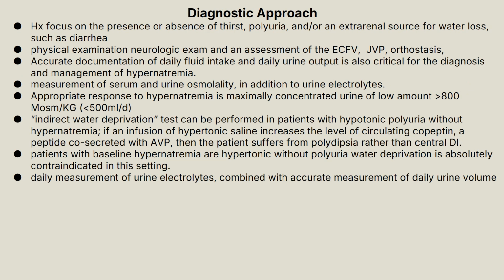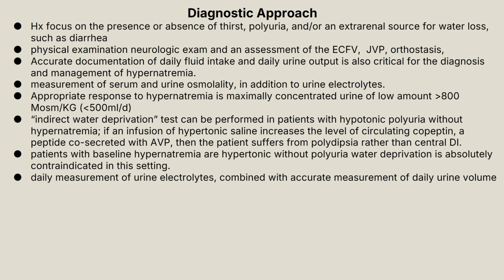Diagnostic approach of hypernatremia. History should focus on the presence or absence of thirst, polyuria, and or extrarenal sources of water loss, such as diarrhea. Physical examination, neurological exam, and assessment of the extracellular fluid volume (JVP, orthostasis) should be done, and accurate documentation of daily fluid intake and daily urine output is also critical for the diagnosis and management of hypernatremia.